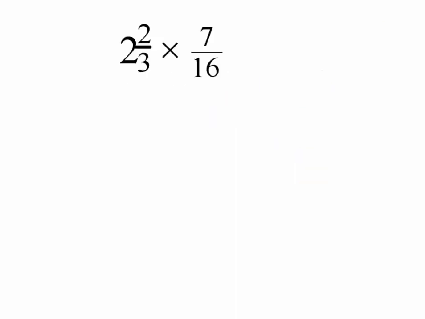Now let's move forward to see a more complex one. So we have 2 and 2 out of 3 times 7 out of 16. In such a situation, what you have to do is change the mixed fraction to an improper fraction.